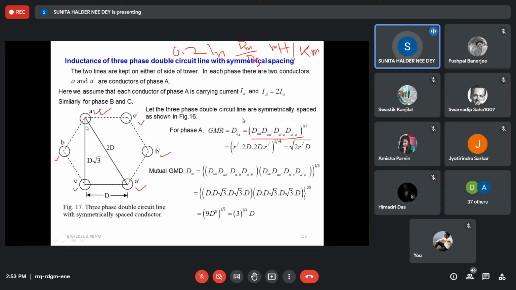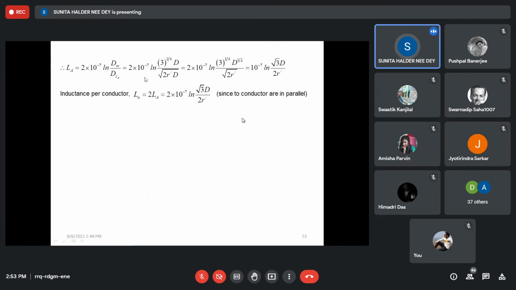Actually, we are finding the inductance of the total system, that means of phase A. So when you use this equation, you get the inductance of phase A. Now if we want to find the inductance of each subconductor, the inductance per conductor in each phase, then each conductor is in parallel.